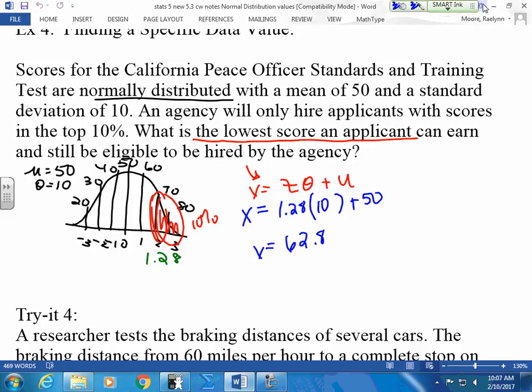So look where I am. I'm coming across, I'm 62.8. I need to round to the nearest whole number. Well, no. I need to round into that shaded area. I realize it's to the nearest whole number with this one. I need to round into 63.